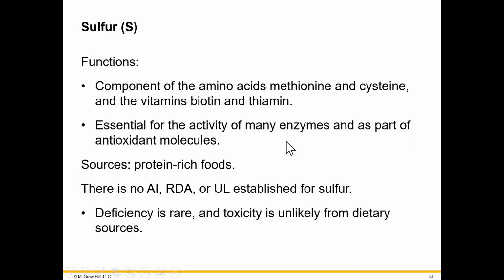Protein-rich foods are the best sources of sulfur. Also, many wines will have sulfites in them. Sulfur deficiency is very rare, but it can occur with people who do not eat enough protein or suffer from protein deficiency.